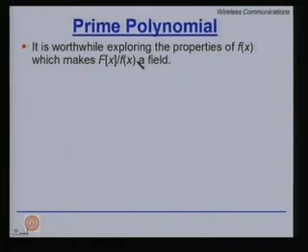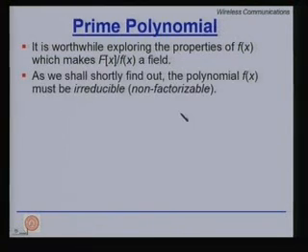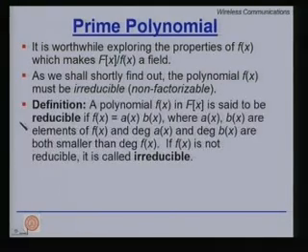What we are interested in finding out is the properties of f(x), which makes this thing a field, that is, it satisfies the 8 properties of a Galois field. We will shortly find out that the polynomial f(x) must be irreducible, which is the polynomial version of non-factorizable, that is, you cannot represent it as the multiplication of 2 other polynomials.